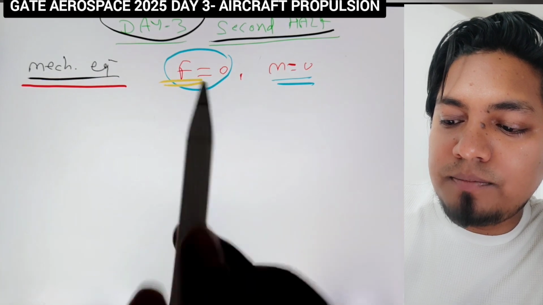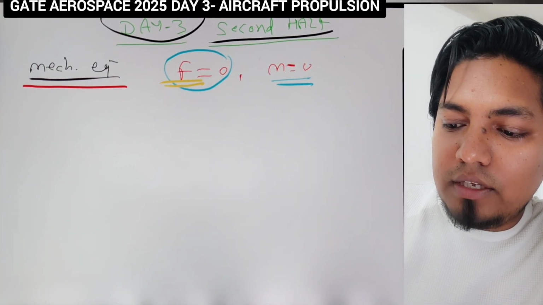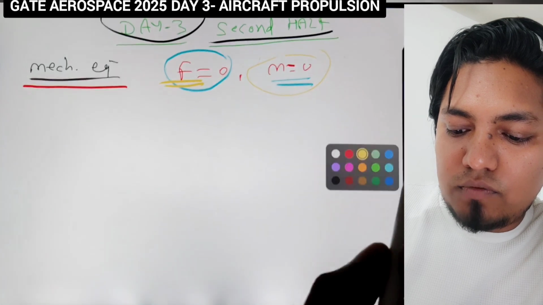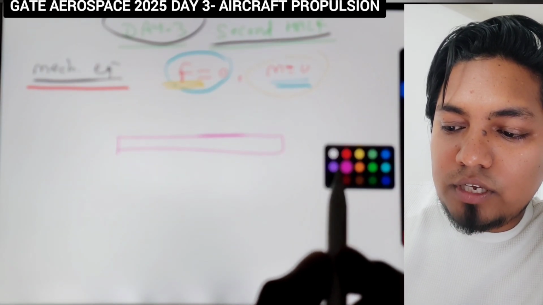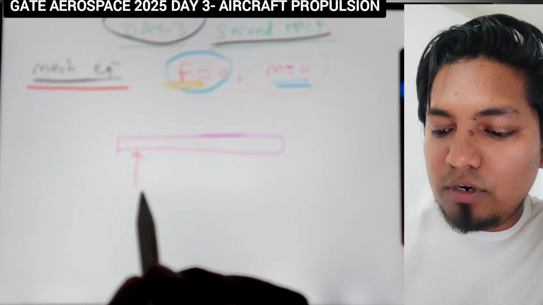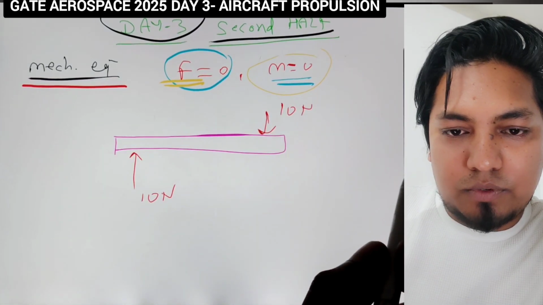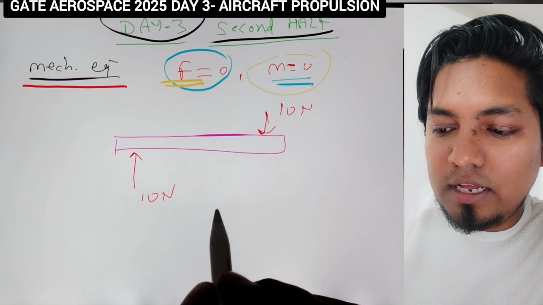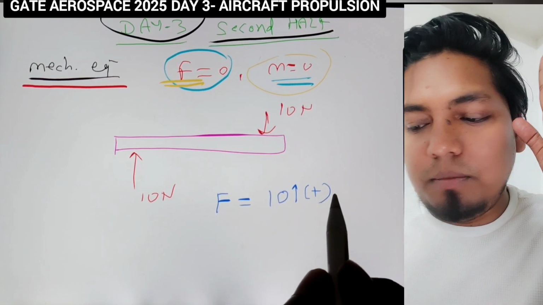So, a good example. Suppose you have a rod, and you are applying a force of 10 Newton here and a force of 10 Newton here. In this example, if you calculate the final force, 10 upward, so upward you consider positive force, then plus 10, and downward is automatically negative, because any one direction will be negative.